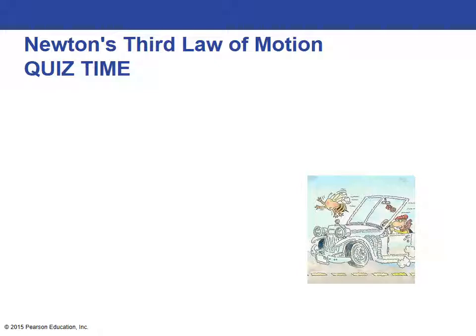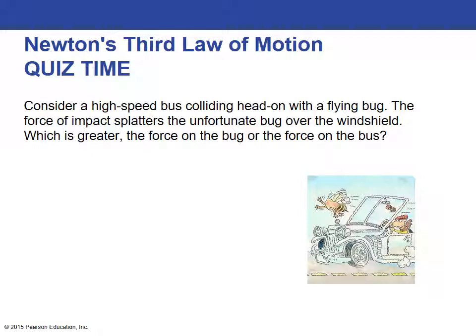Let's look at another one. You are driving along very quickly, and there's a bug, and you splatter that poor bug all over your windshield. What's greater, the force of the car on the bug, or the force of the bug on the car?